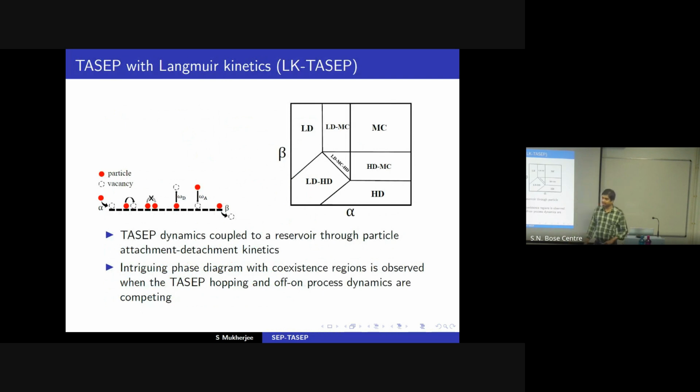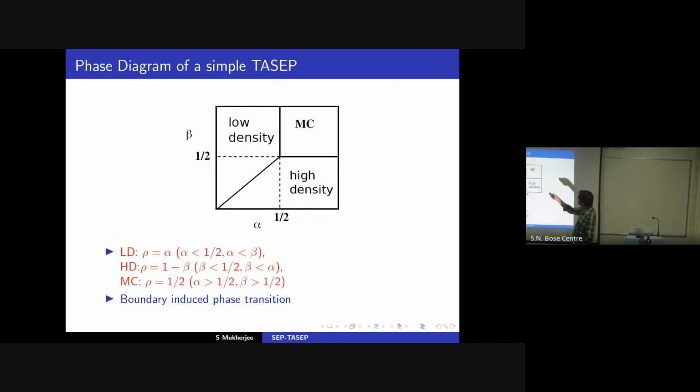Now I come to another model which discusses TASEP with Langmuir kinetics. It is a very interesting model where the TASEP is coupled to a particle reservoir and exchanges particles with the rates omega A and omega D, which are the attachment and detachment rates. If this attachment detachment rate, that means the on-off process, is competing with the TASEP hopping rate, then we get a very interesting phase diagram. In the earlier case, we have only 3 phases: pure LD phase, pure HD phase, and pure MC phase.